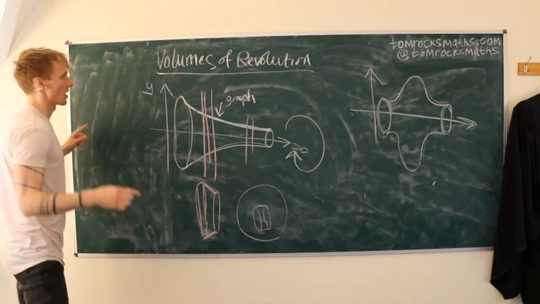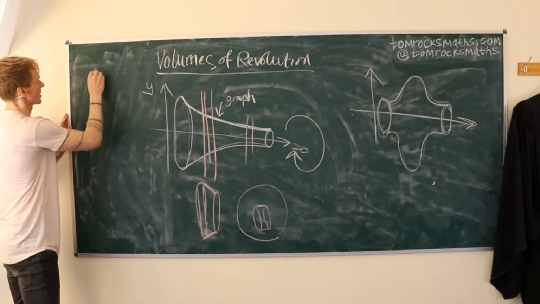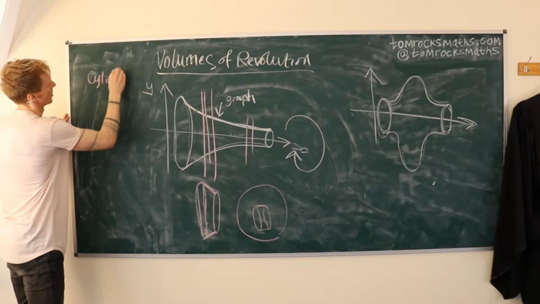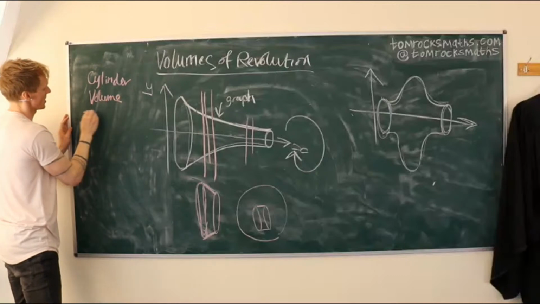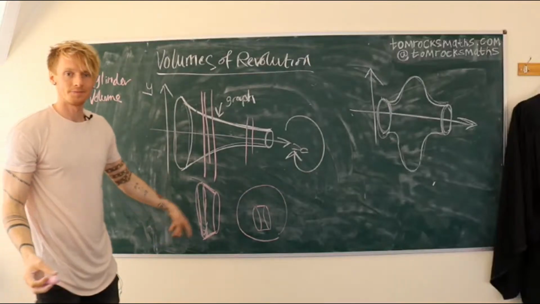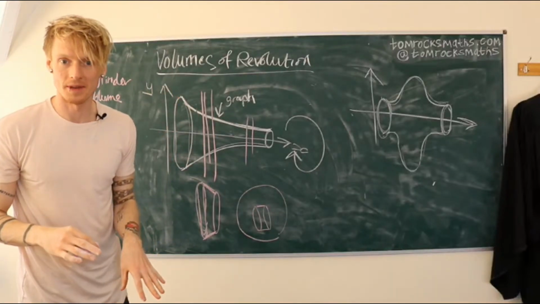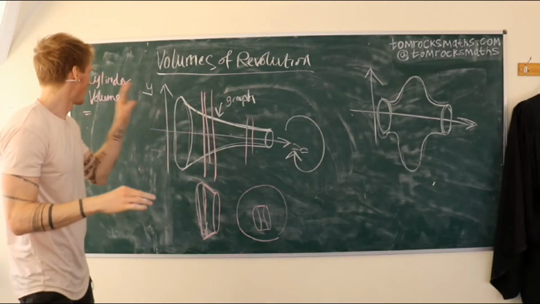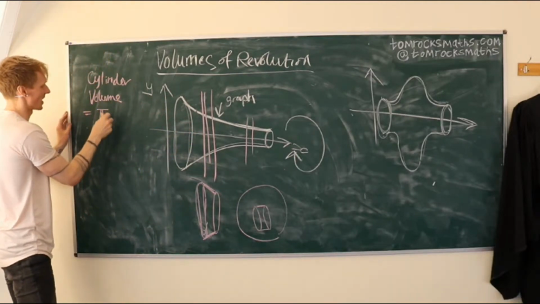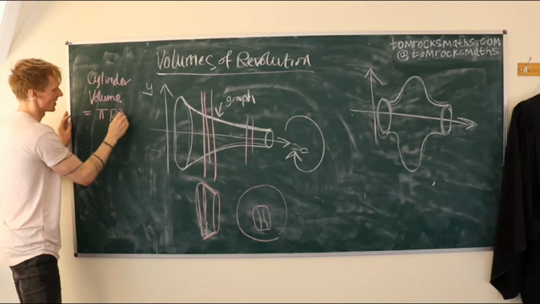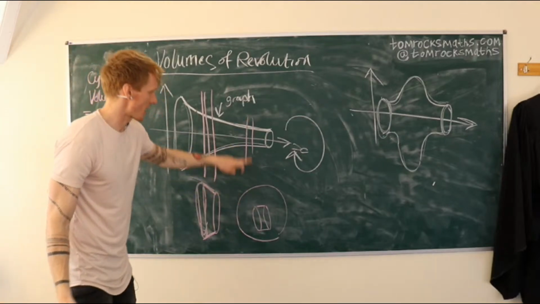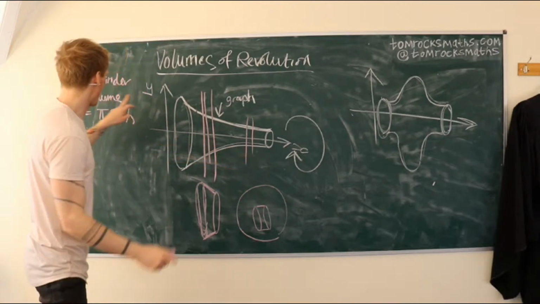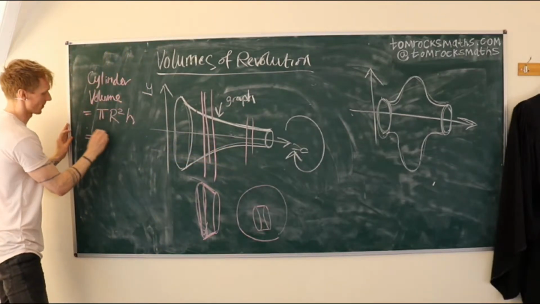Now the volume of a cylinder is equal to, hopefully we all remember this from Monday's lesson, pi times the radius squared times the height. So going down to our slice here, we've got pi, definitely.